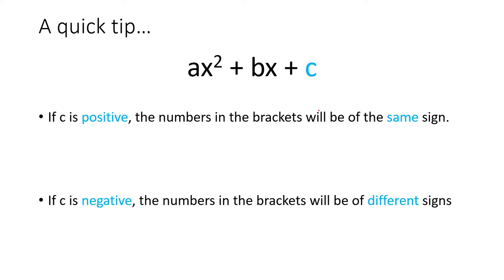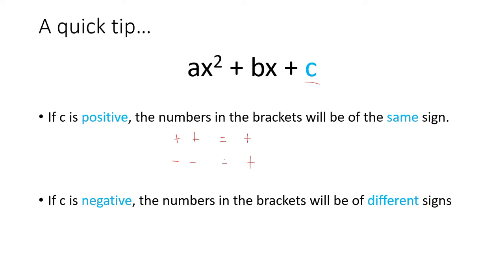Okay, a quick tip here. If this constant term at the end is a positive number, we know both the numbers in the brackets will be positive, or both will be negative. The reason we know that is because when we multiply two positives, we get a positive, and when we multiply two negatives, we get a positive.